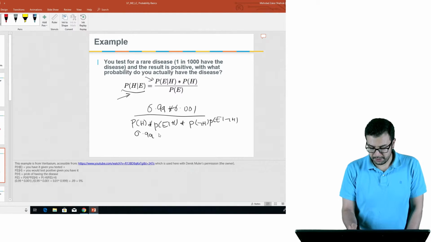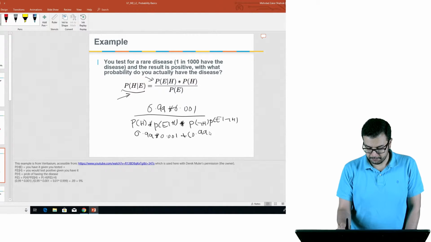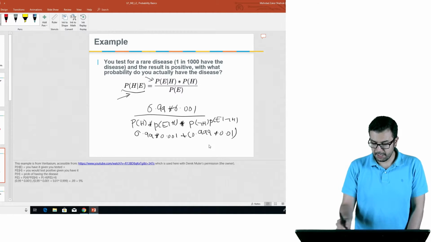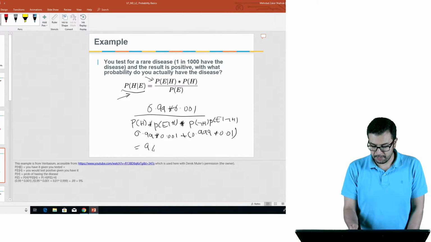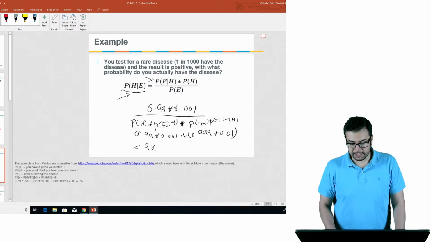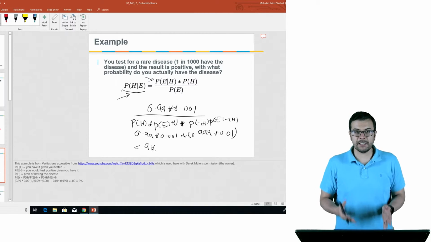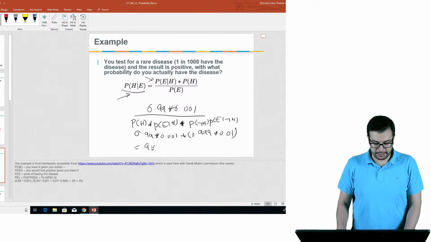So we put the numbers there, and if we calculate the numbers, it is 9%. So it means that if we go to the first clinic and they tell us that we have the disease, we are only 9% sure that we have the disease.